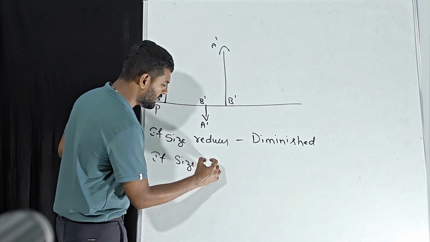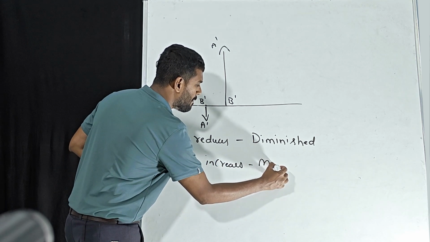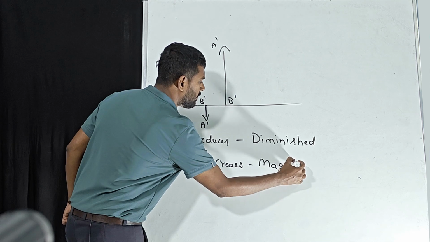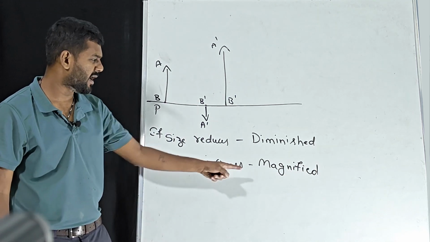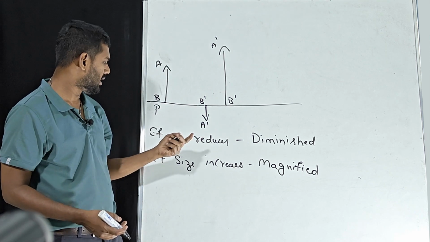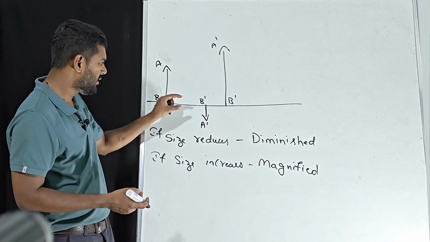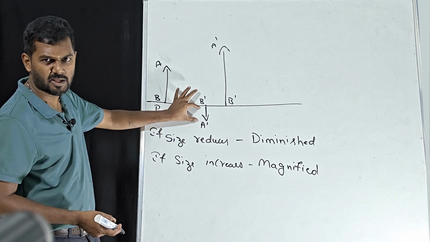If the size increases, then we call it magnified. So what do you mean by magnified? The size of the image has increased after refraction. If it is reduced, compare, this is the object and this is the image, correct?